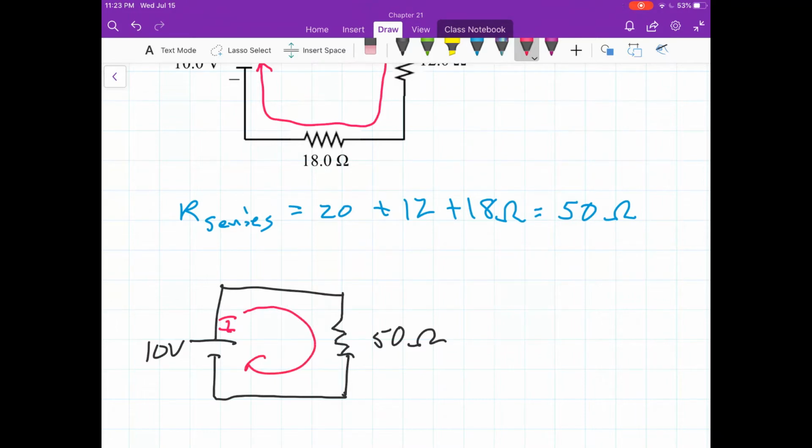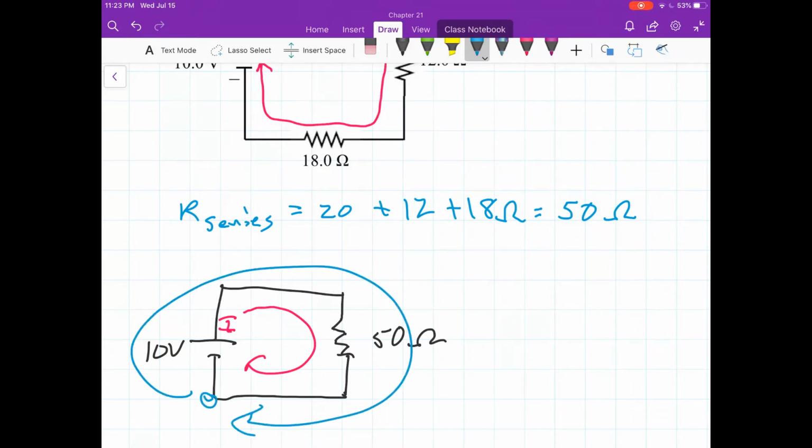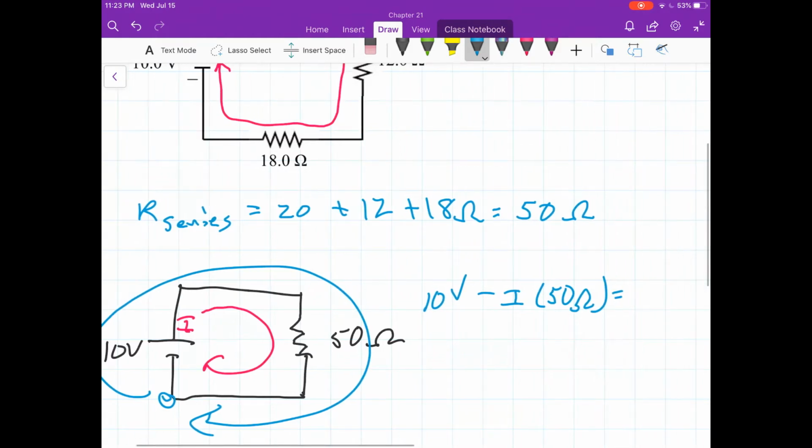Current goes through there. I know the Kirchhoff loop. If I were to travel around the loop, so I start here, travel around like that, I'm going to find 10 volts minus I times 50 ohms, come back where we started, equal to 0.